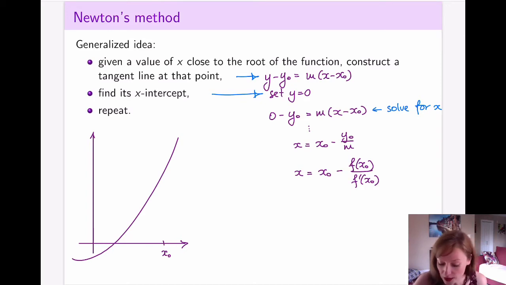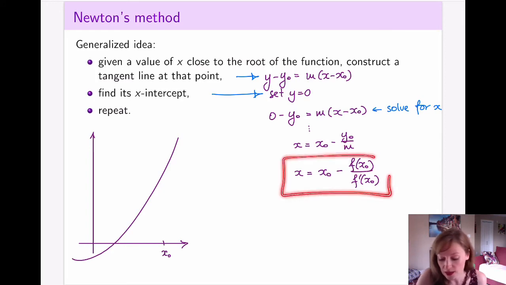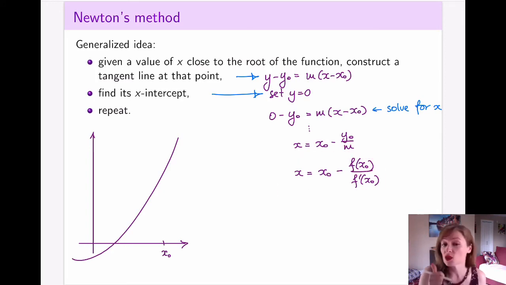And you will notice that here I replaced my y naught with the function value of x naught, and I replaced m with the derivative of the function at x naught. This way, this entire expression contains only my initial point x naught, my function, and its derivative.